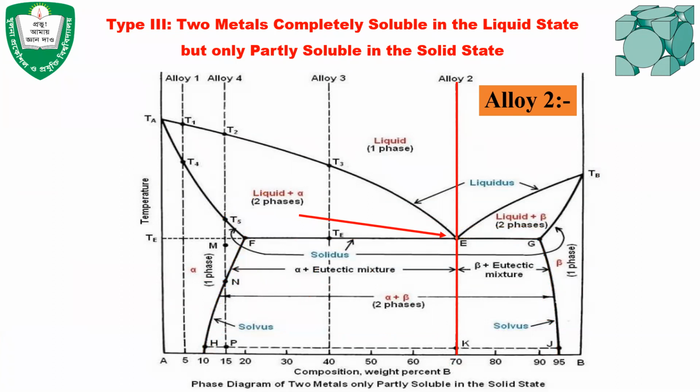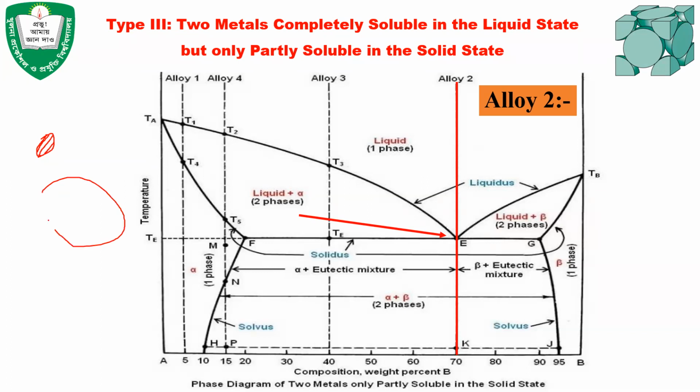So we know that alloy 2 solidifies at a constant temperature, and upon solidification, the crystals that are formed, let's say this is one of the crystals, will have alpha and beta side by side. And we have to find out the alpha that is present.